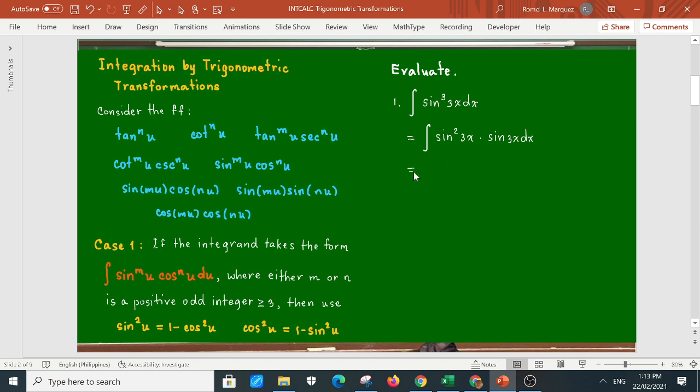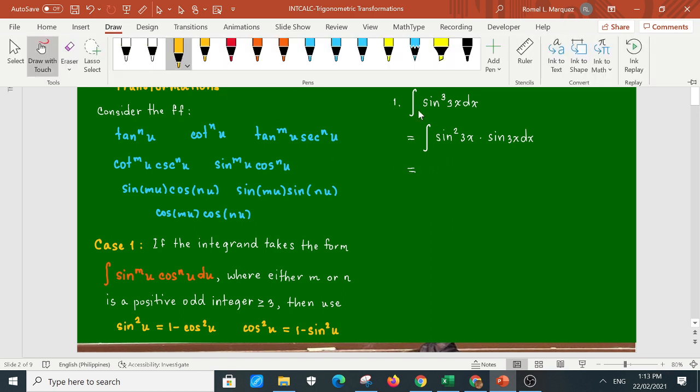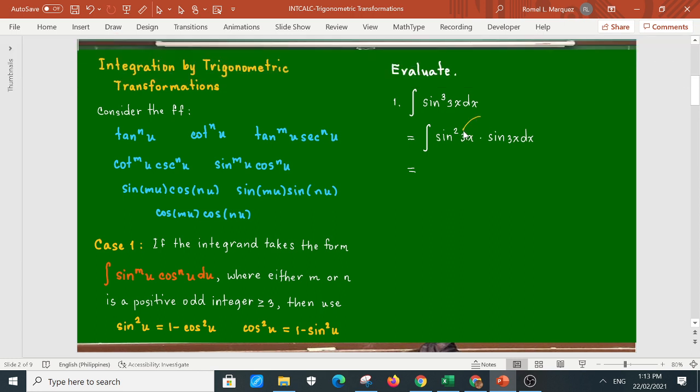I'm going to transform sine squared in terms of cosine squared. How to transform this? We use an identity. What identity, guys?